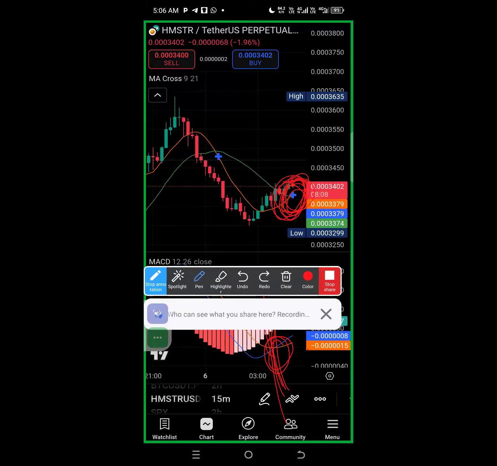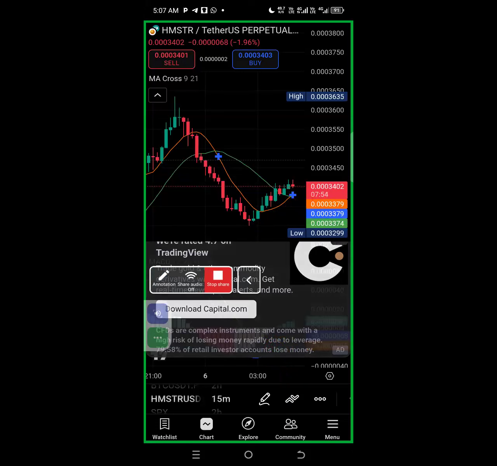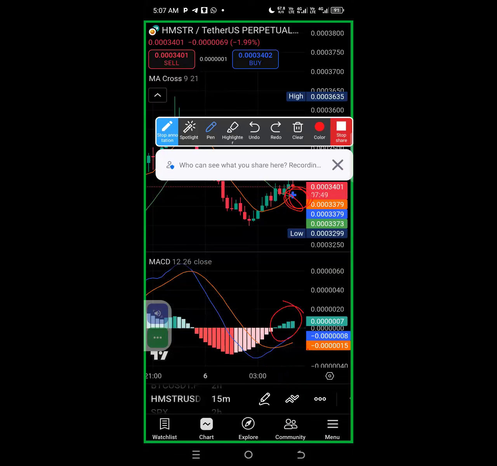We are not seeing a clear identification of the trend. You can observe from this angle that the crossover has happened. Coming here, you could see clearly the crossover has happened, and this is the histogram above the zero line.